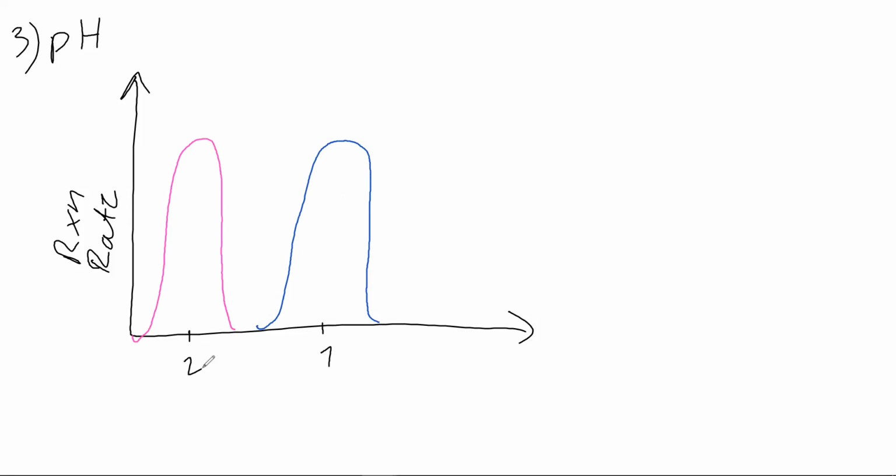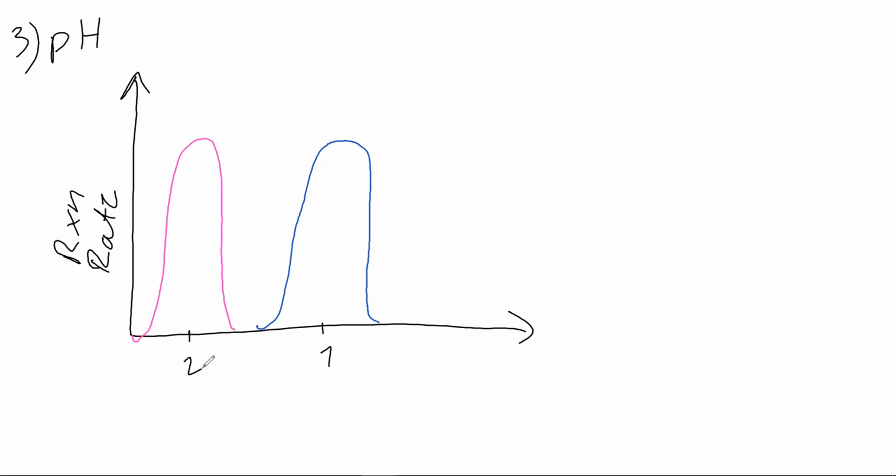One likes working in more acidic environments. Which one? The magenta one. Good. The magenta one loves working in acidic environments. Where do you think I would find this one? In the stomach. Yes, because of stomach acid, right? So each enzyme is unique, right?